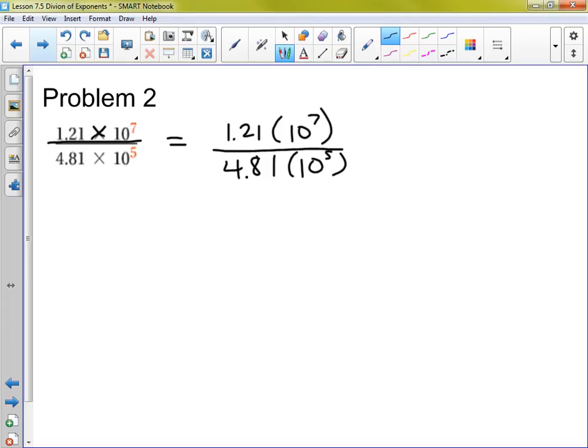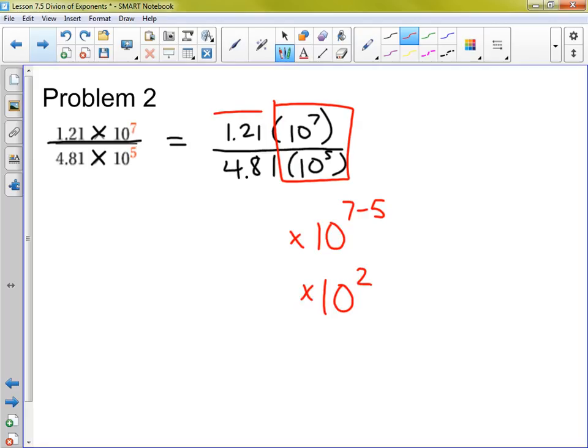This multiplication symbol is just used in scientific notation. And the reason for doing that is to notice these two have like bases. They're both powers of 10. So I'm going to just notice the powers of 10 have the same base and subtract the exponents to make it 10 to the 7 minus 5, which is 10 to the second.